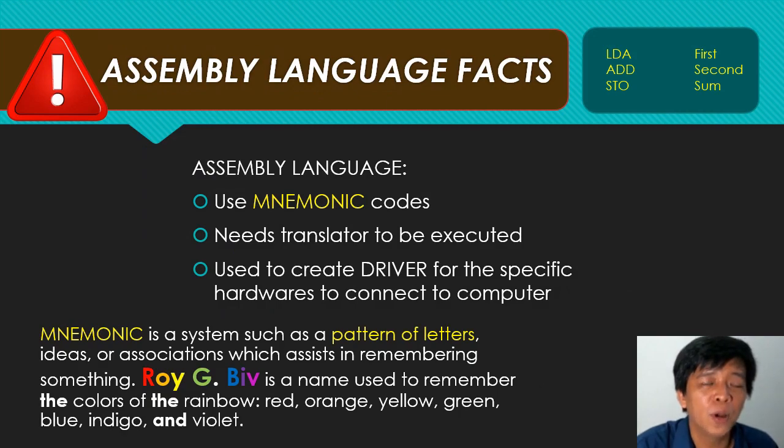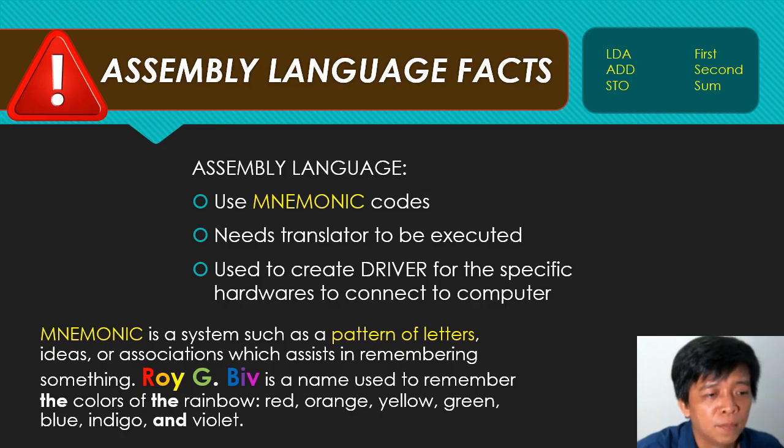Okay guys, I'm going to share with you this important information about assembly language. It's not in the book, okay, but it's been asked in the IGCSE test. So, assembly language, note this down, write it down, okay? Use mnemonic codes.